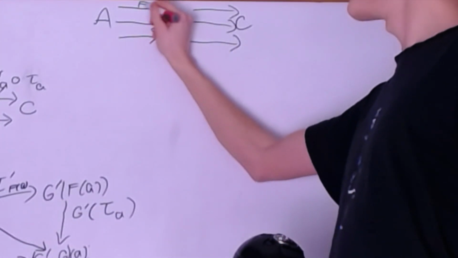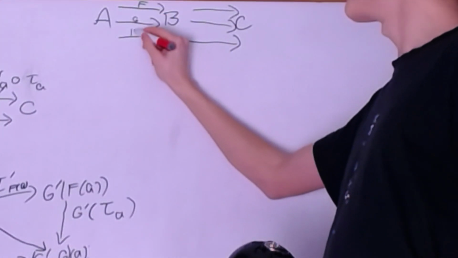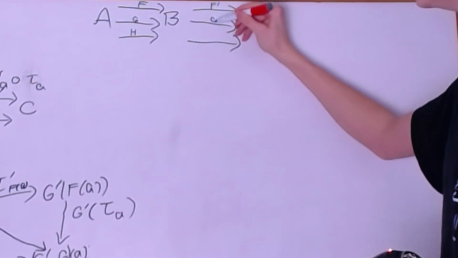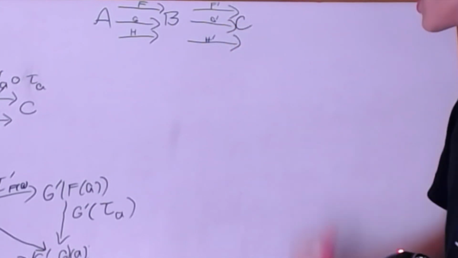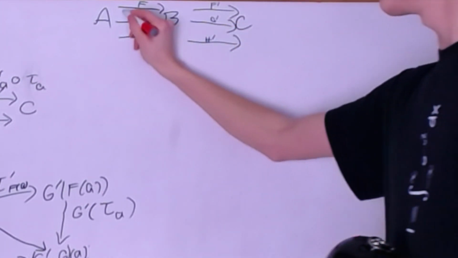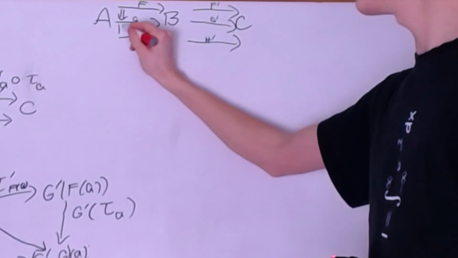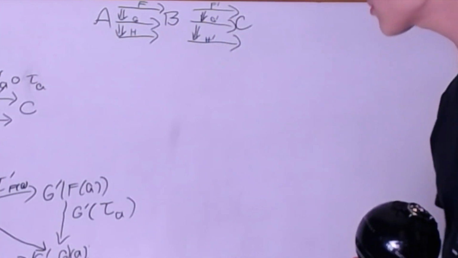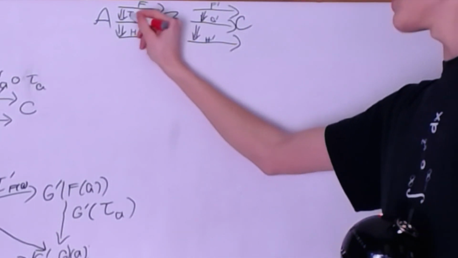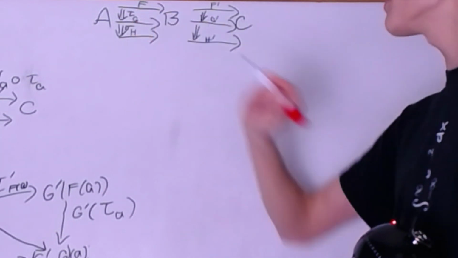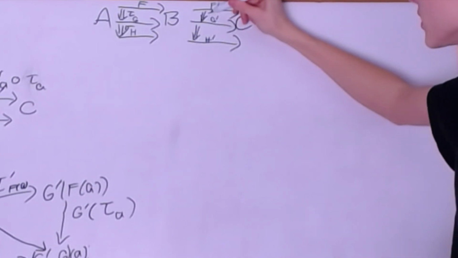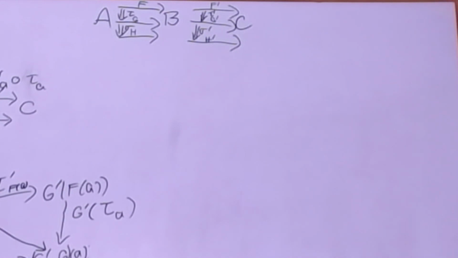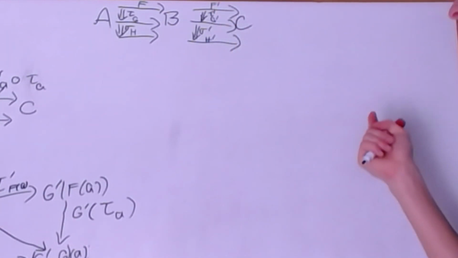Then I'll call one F, one G, one H, between A and B, one F prime, one G prime, and one H prime between B and C. And then we'll have natural transformations between each of these, like this. So this first one I'll call tau, the next one I'll call sigma, and then on this side I'll call it tau prime and sigma prime. Sorry for writing it so small, but I'll always point at where they are in the diagram.